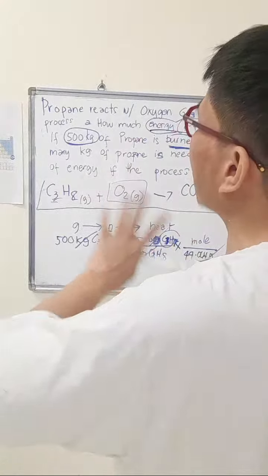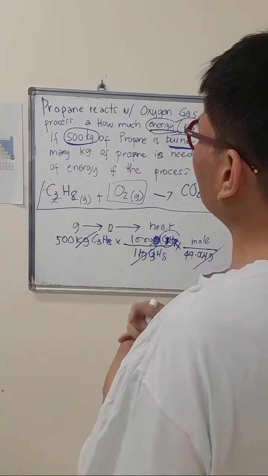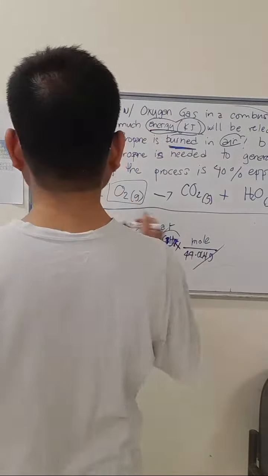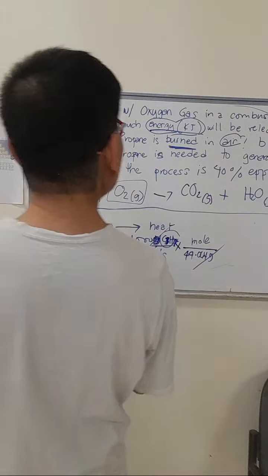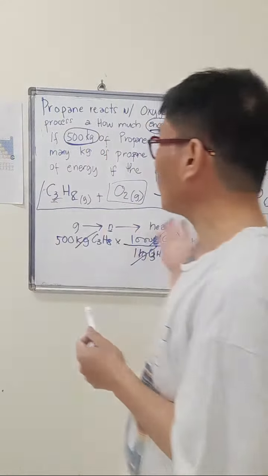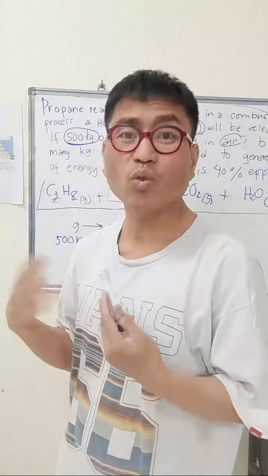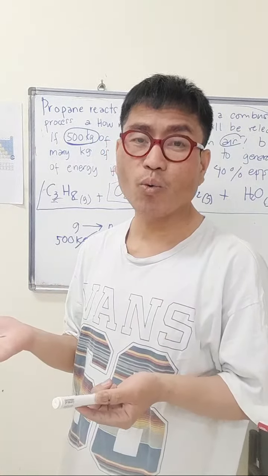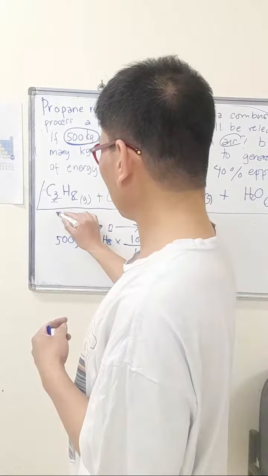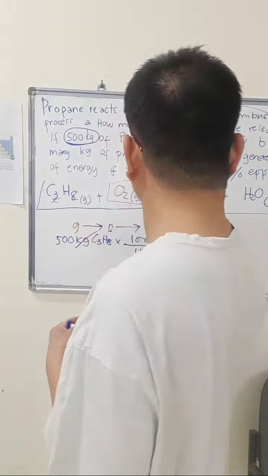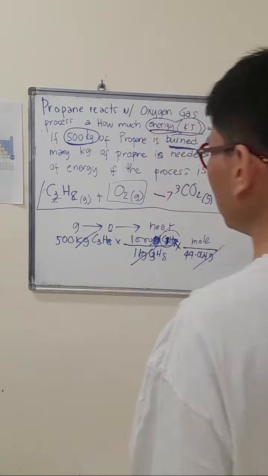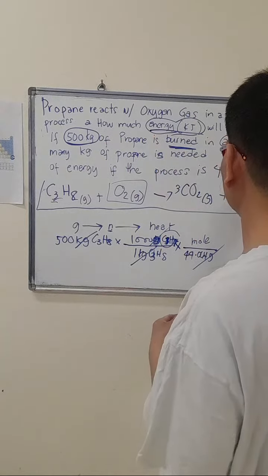Atoms on the left of carbon is 3. We will just use the trial and error method of balancing the equation because there's not enough space on my whiteboard to do the mathematical way of solving the atoms. So 3 carbon atoms, hydrogen 8, times 4.